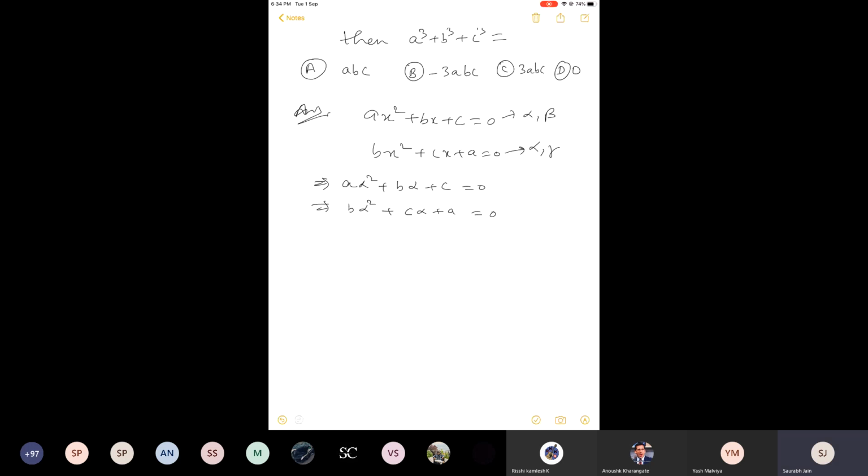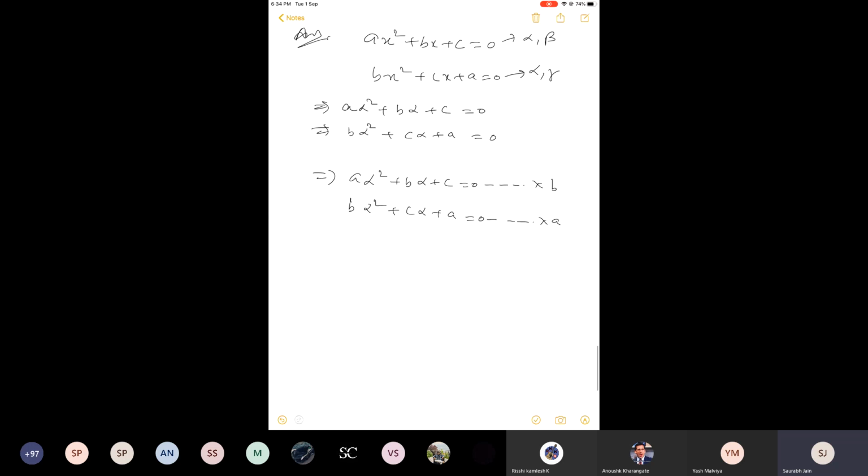Okay. And after this, now what I will do, that elimination thing. So the first equation will have to be multiplied by b. Why? Because b is present in the second equation with alpha square. And the second equation will be multiplied with a. Okay. So the first equation will become ab alpha square plus b square alpha plus bc equals 0.